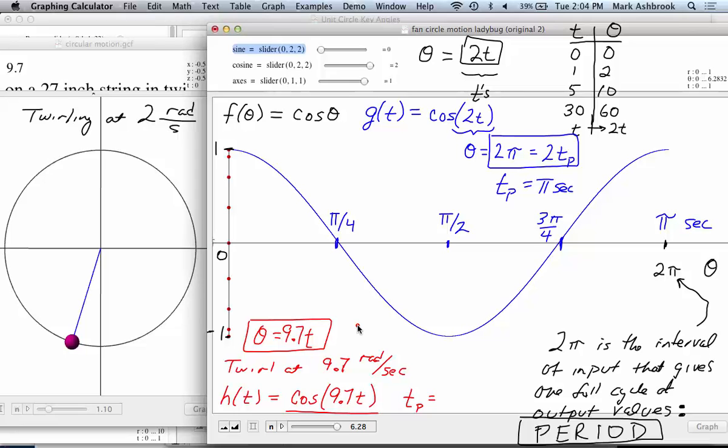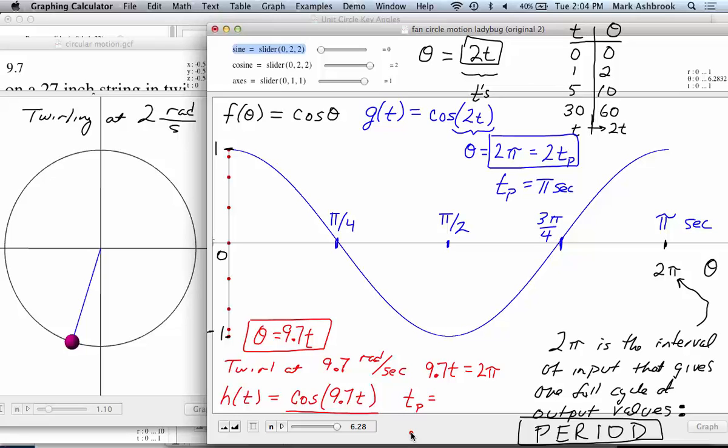Okay, so what's the process that we go through then? If 9.7t is our input into cosine, and we want 1 full cycle of output values, then we want that angle, 9.7t, to be what for 1 cycle? 2 pi. So the key is seeing that 9.7t, since it's the input into cosine, is an angle measure swept counterclockwise from 3 o'clock.